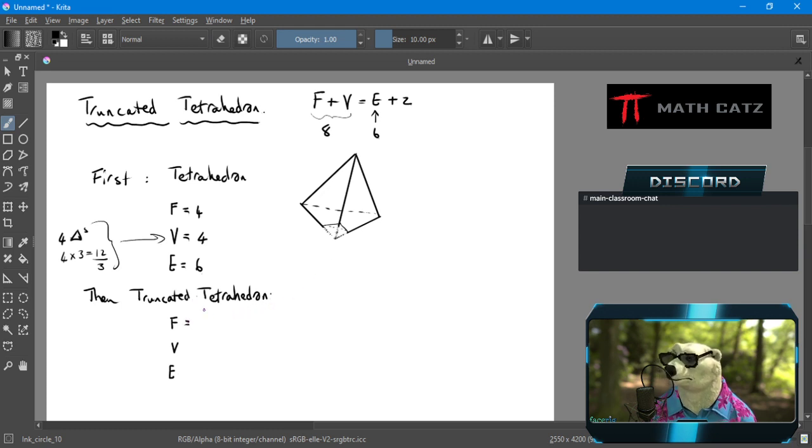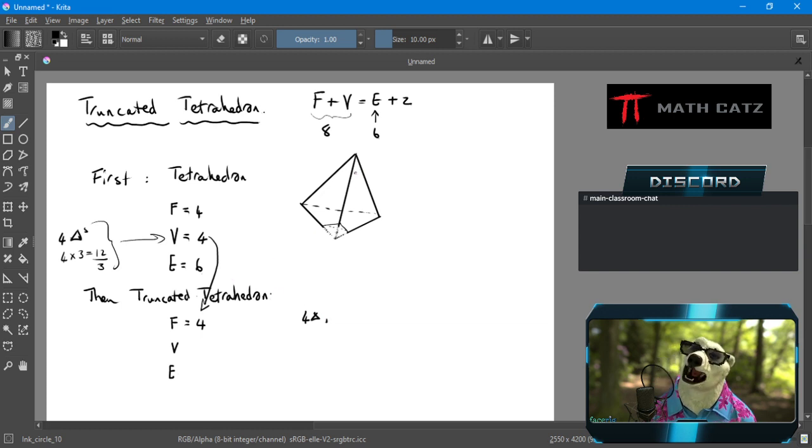So I have new triangle faces, the same as the vertices. So I have 4 triangle faces. I don't know how we should write this. Let's say here 4 triangle faces.